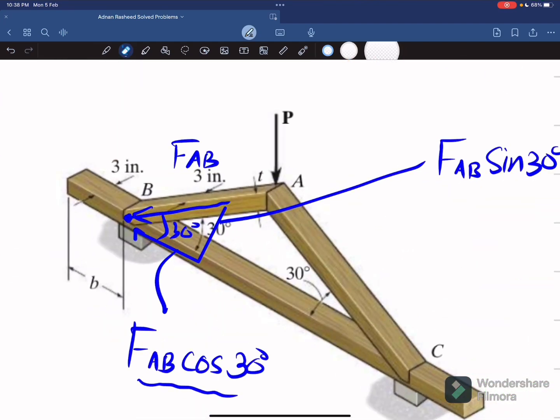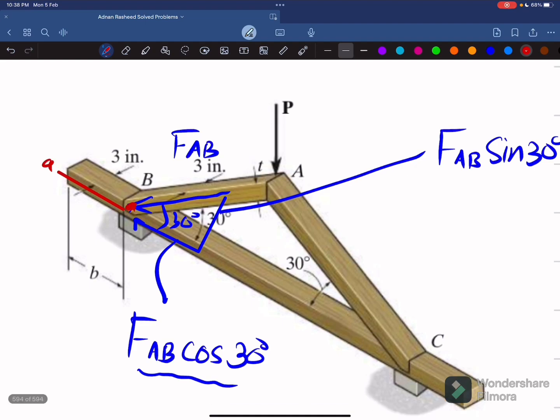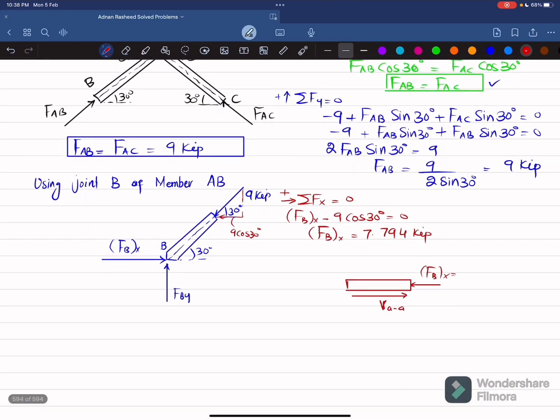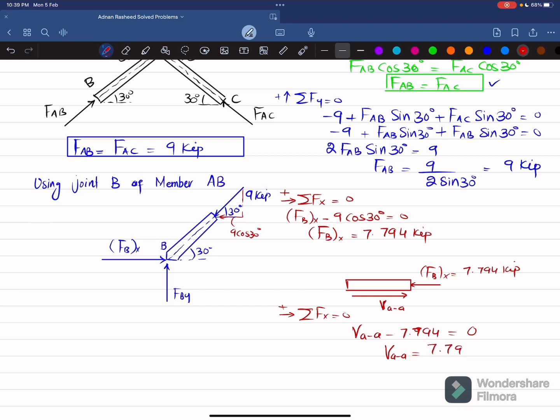If you take this line, this is the plane AA where you cut it, and we have drawn the free body diagram over here. FBX is 7.794 kips. So by using the equation of equilibrium, the sum of all forces along x direction must be equal to 0, and force in this direction is positive. So VAA minus 7.794 is equal to 0. So VAA, the horizontal shear force, will also be equal to 7.794 kip.